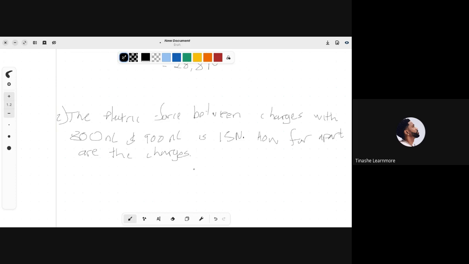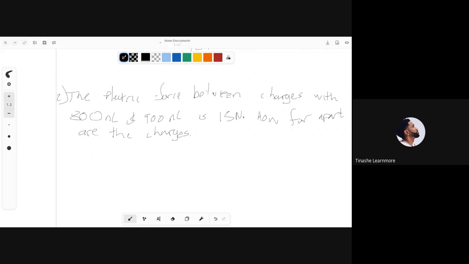You guys have 1 minute starting now. You can raise your hand once you have the answer. Oh, yes, I forgot to mention: how far apart are the charges in centimeters? Let's make things a little interesting.